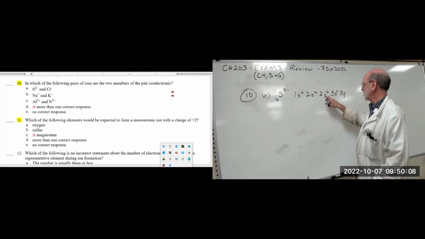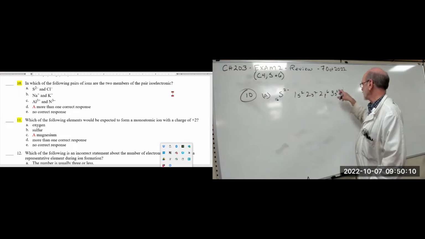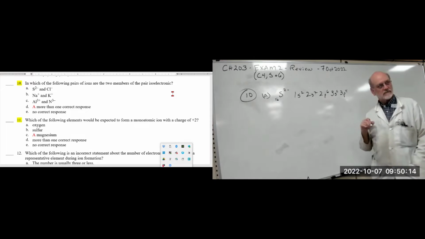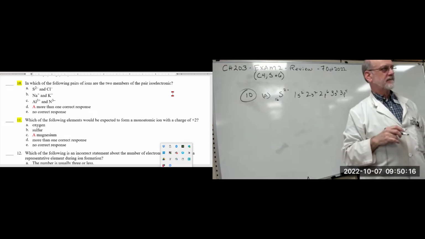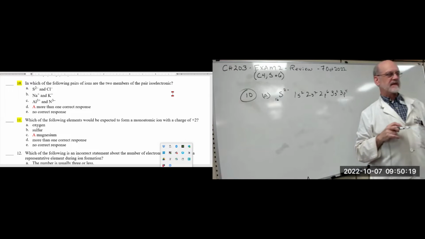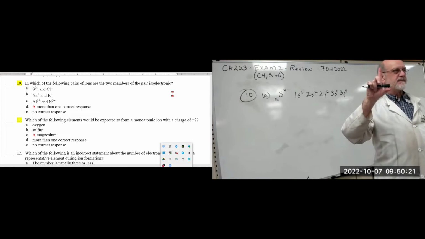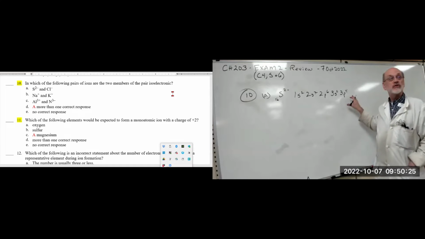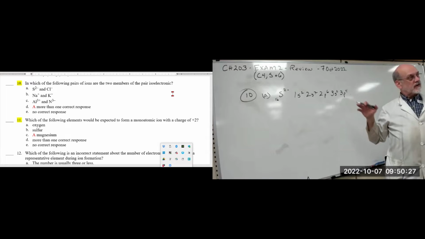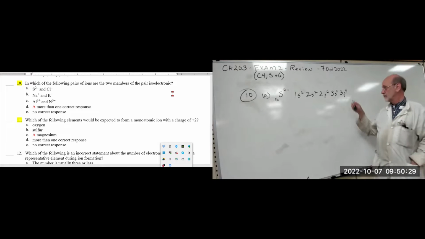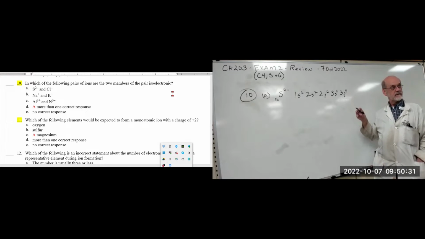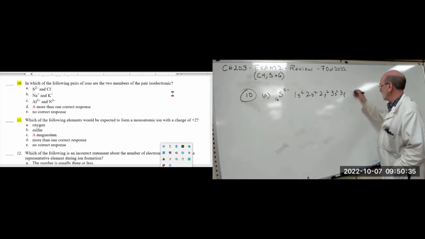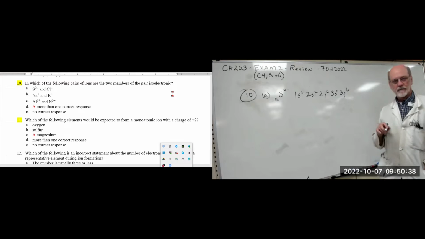That's 10. See, 10, 11, 12. Can we put 4 in here? Yeah, we can put 4 in there. How many can you put on a p? This many. Okay. So that's the neutral atom. So if we add 2 more electrons, where are they going to go? They're going to go right there. Right? So we can say that and do that.